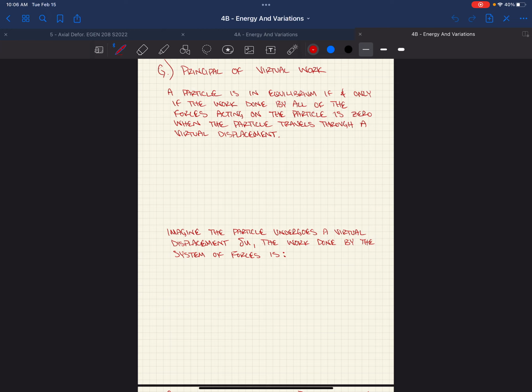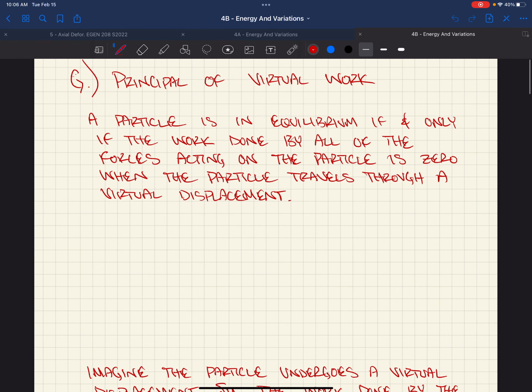Well, let's look at this more visually here. So let's consider a particle in equilibrium.